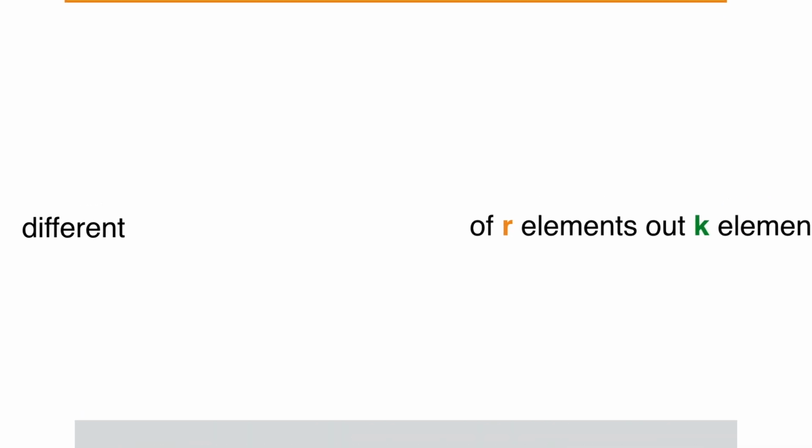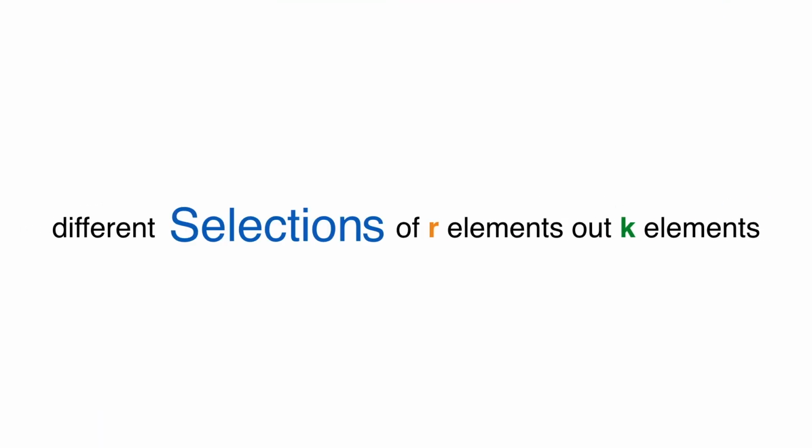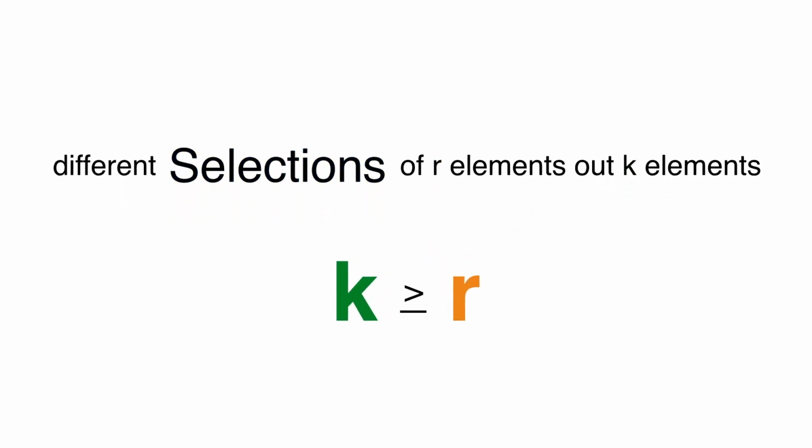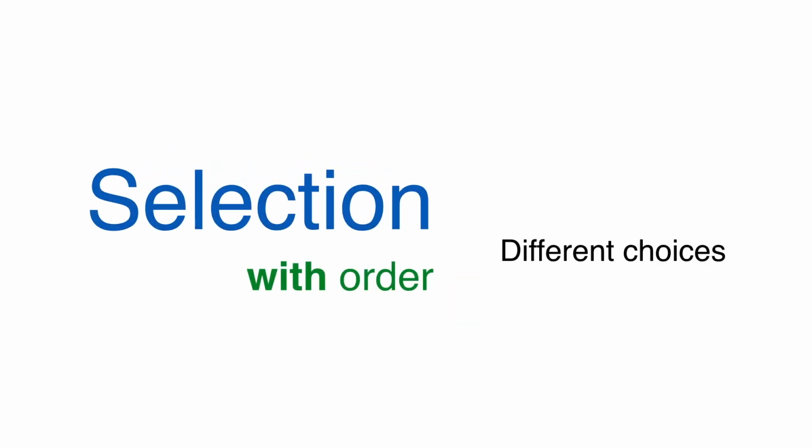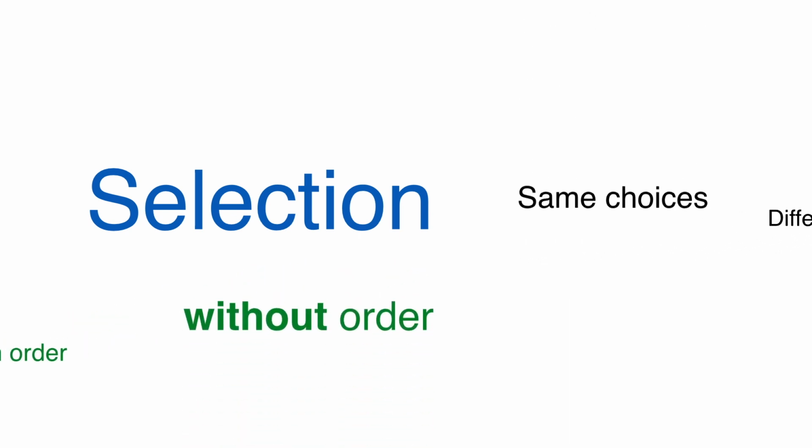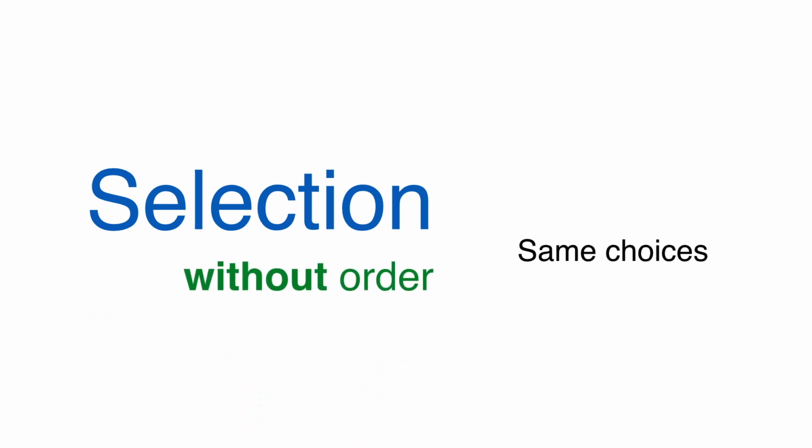The number of different selections of R elements out of K elements, where K is greater than or equal to R. In a selection with order, the same elements taken in different order are considered to be two different choices, while in a selection without order, these choices are the same.